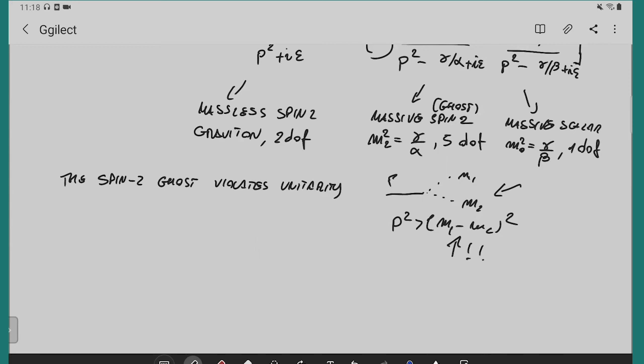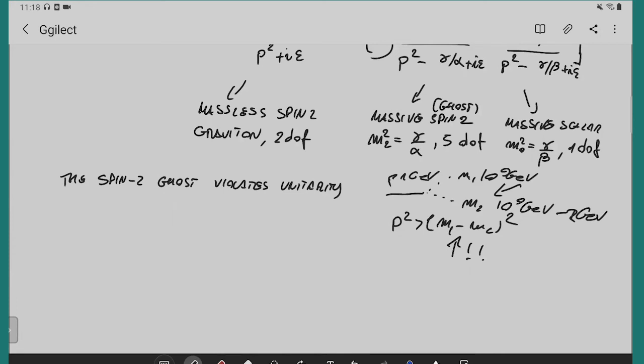This means that you can have a 1 GeV particle that decays into a 10 to the 9 GeV particle and a 10 to the 9 GeV minus 1 GeV particle, or minus 2, whatever. This is, of course, absurd.